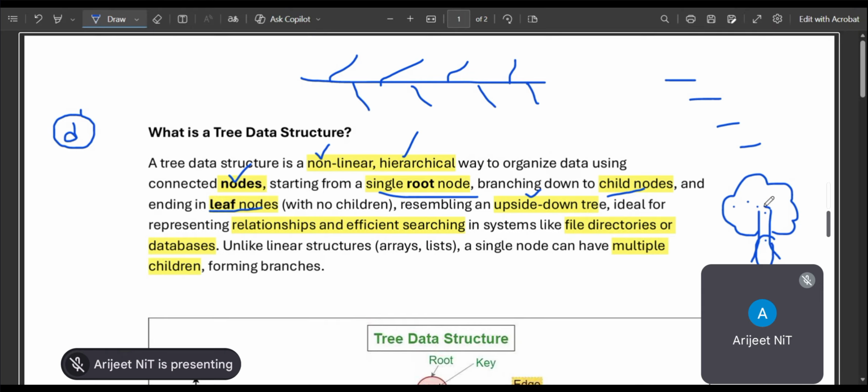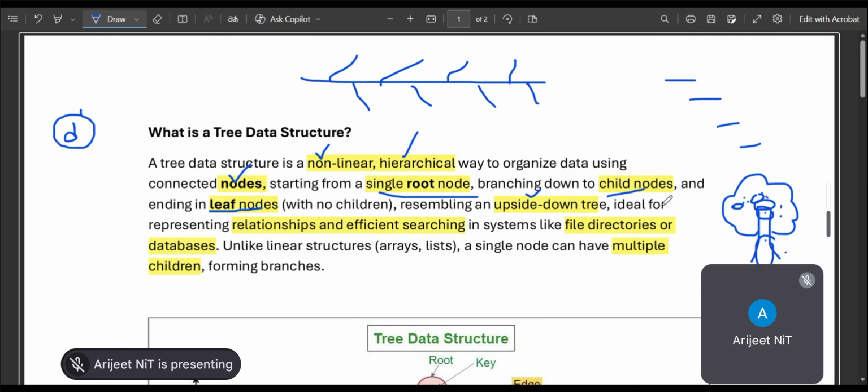The main branch is the level 1 child. The secondary branch is level 2 child nodes. The tertiary branch is level 3 child nodes. And it all ends with a leaf, which does not have further continuation, that is, no more children nodes. Level 0, level 1, level 2, level 3, level 4. Root node, level 1, level 2, level 3, leaf node.